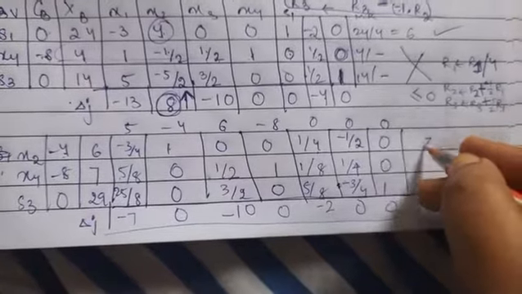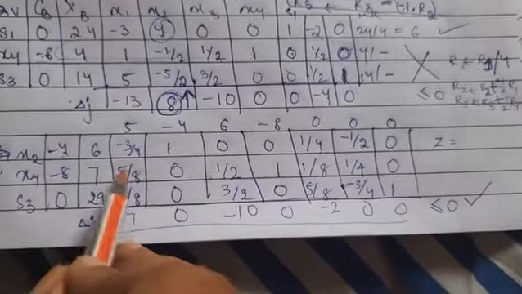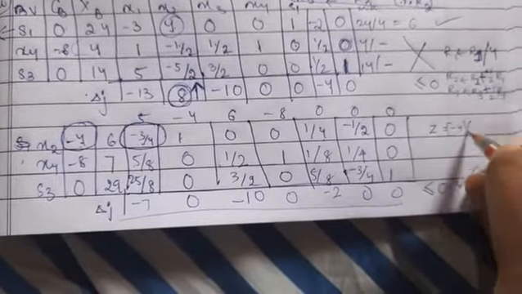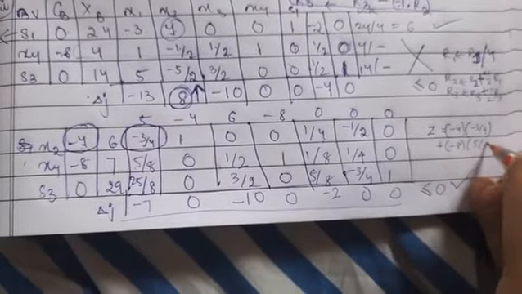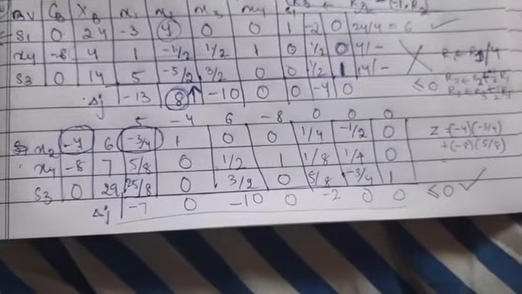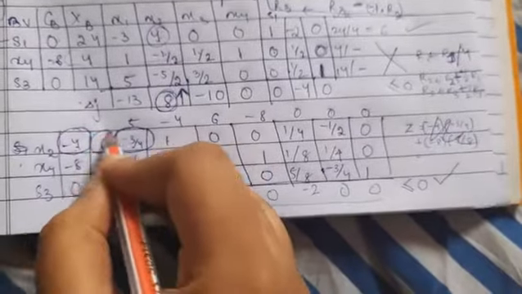Therefore here I need to find z. Z is equal to coefficient into its respective value. That is minus 4 into minus 3 by 4 plus minus 8 into 5 by 8, which gives me its respective value. This is xb. This column is the resultant column.